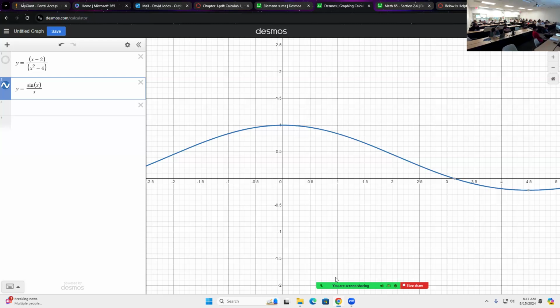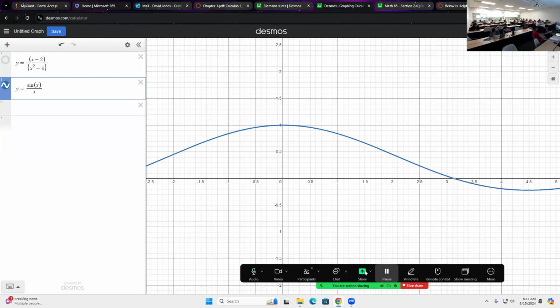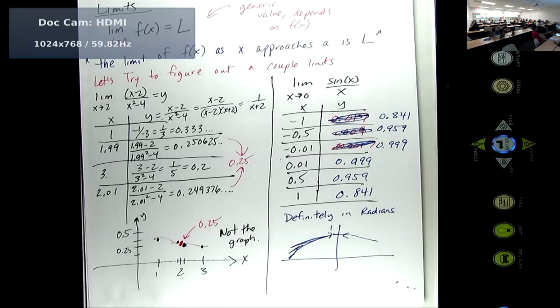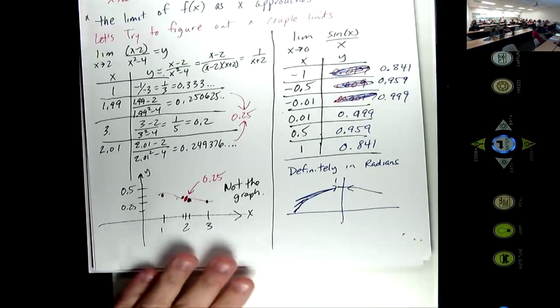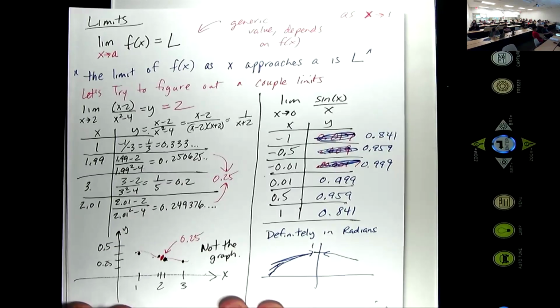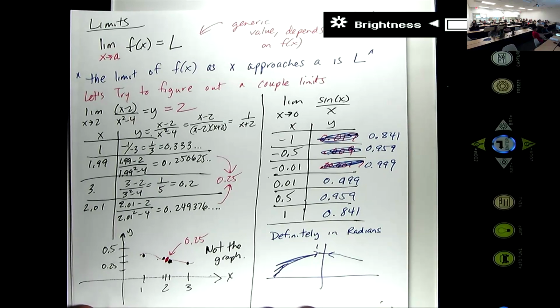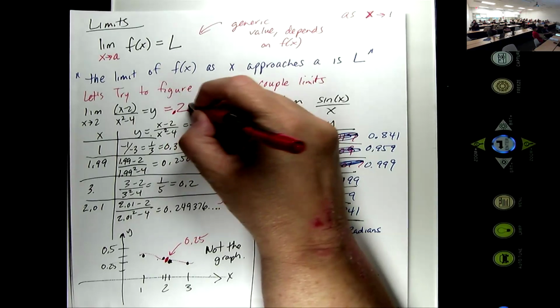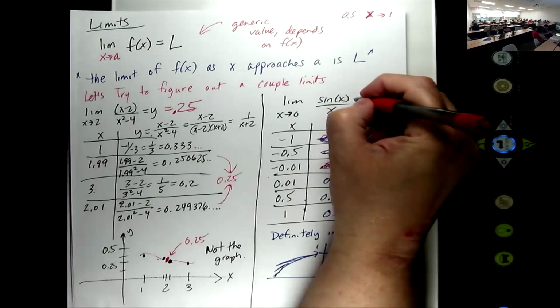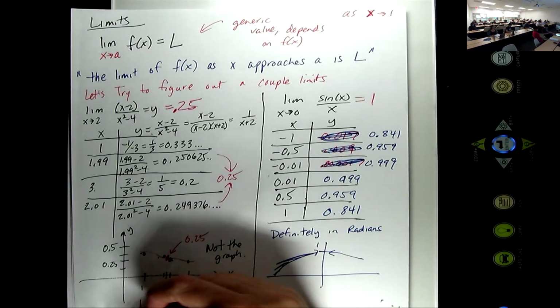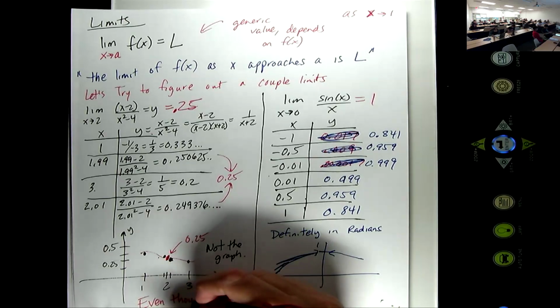Let me go back to the other screen. The limit here is 0.25, sorry. And the limit here was 1, even though the functions don't exist at those values.